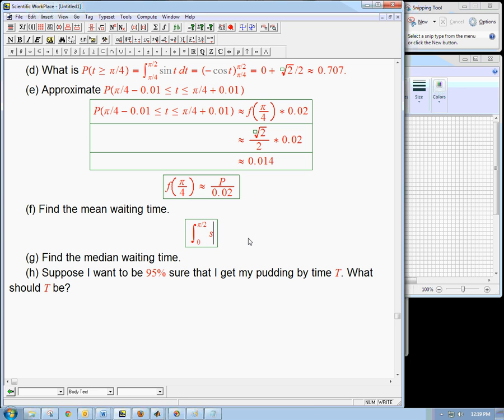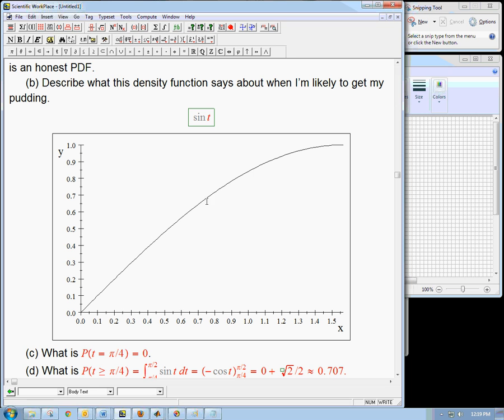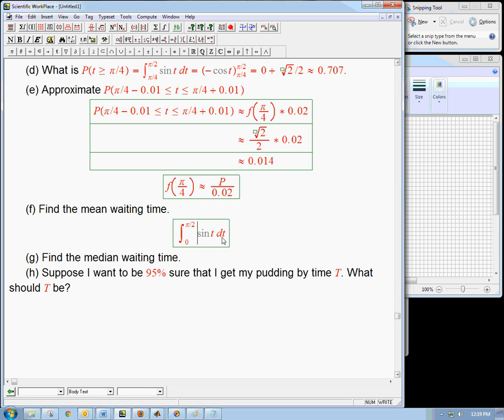You look at each piece of the probability distribution, and right around 1, I want to multiply how likely it is to be near 1 times the value 1. Over here, I multiply how likely it is to be near 1.5 times 1.5. And so you get the integral of t sine t.